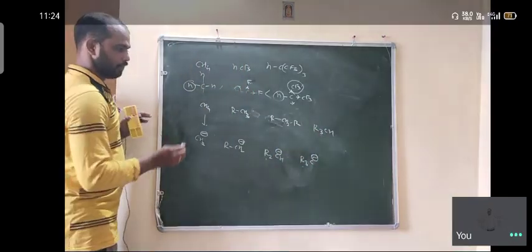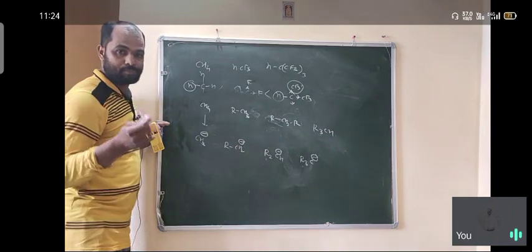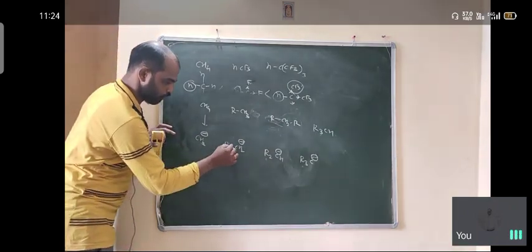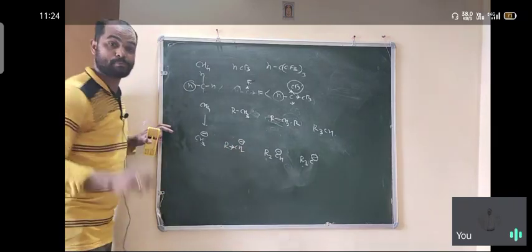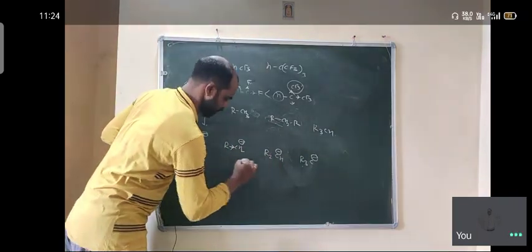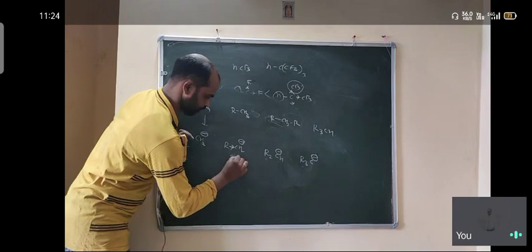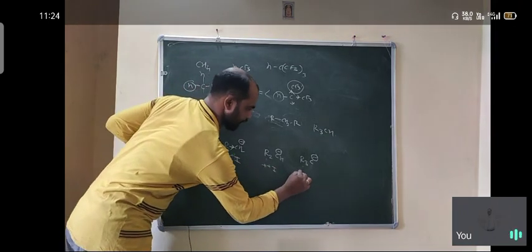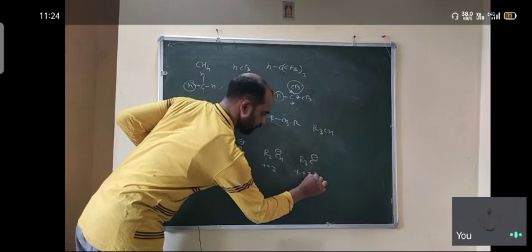So in that case, which is more stable? Here CH3, you know the alkyl group has a plus I effect, so here a plus I effect, here a double plus I effect, here a triple plus I effect.